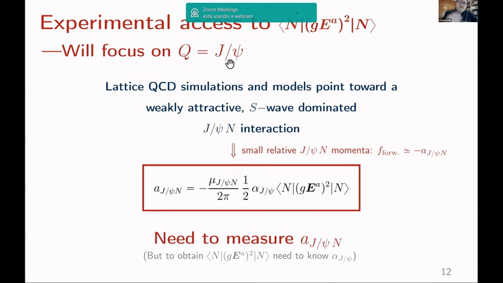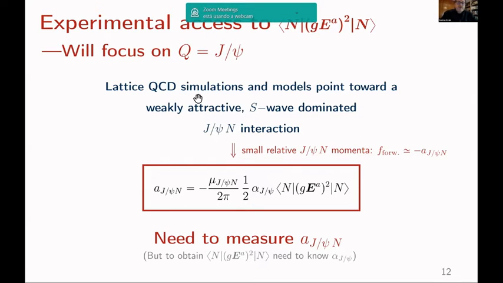You have to go to higher orders or something like that. But that's just for the sake of argument, stay with that. All I'm saying here will be valid for the upsilon as well. So then we have to wait for the EIC, or go to heavy ions, as I will argue in a few slides.